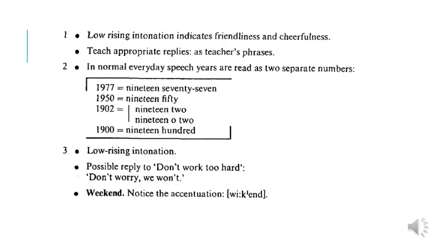Low rising intonation indicates friendliness and cheerfulness. Teach appropriate replies such as teachers' phrases. In normal everyday speech, years are read as two separate numbers. For example, 1977, 1950, 1902, or 1900.